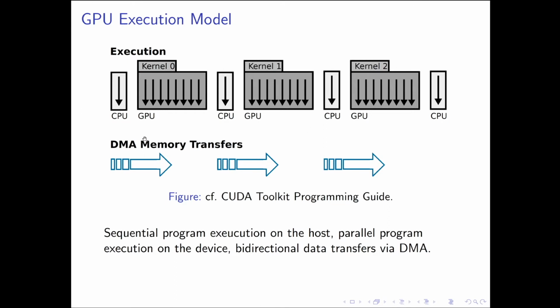In between, the CPU will perform data transfers, and those data transfers are done using DMA. This is handled by the graphics card's driver and by the CUDA runtime. In particular, there are several calls, like kernel calls and also memory transfer calls, that are allowed to overlap and that are asynchronous, where basically the asynchronous host interface of the GPU is used.